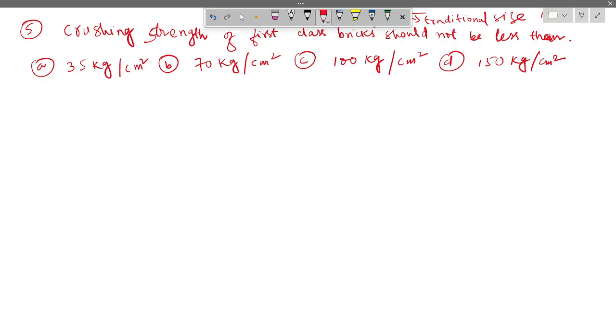I have already taught you in the class in kilonewton per meter square, but here it is asking in kg per centimeter square. So what will be the answer for the first class brick? It is 100 kg per centimeter square.